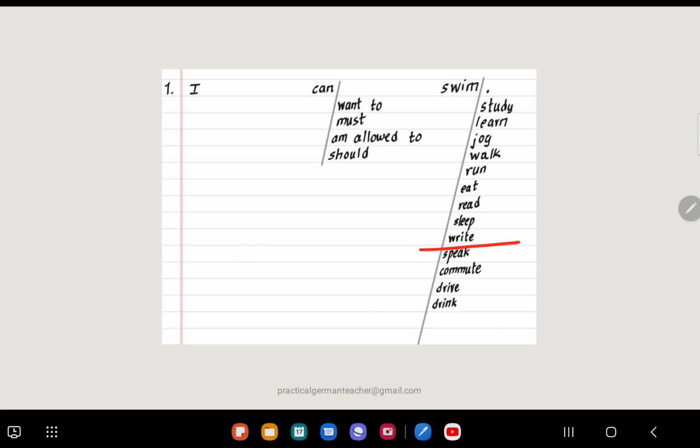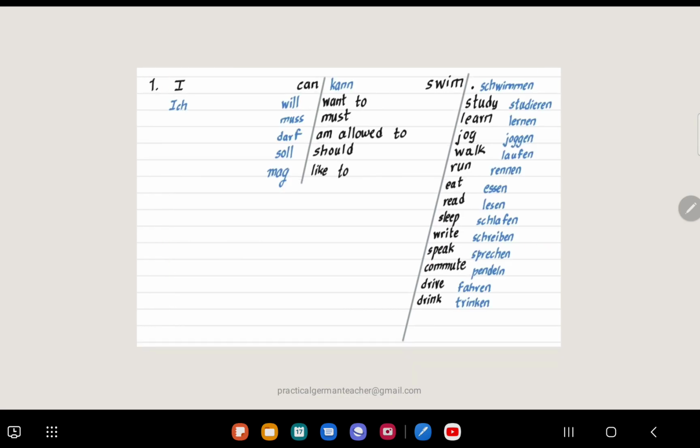Because I'm using a modal verb, we will only conjugate the modal verb. The other verb will be in its infinitive form, right? I'll just give the German words: studieren, lernen, joggen, laufen, rennen, essen, lesen, schlafen, schreiben, sprechen, pendeln, fahren, trinken. Kann, will, muss, darf, soll, mag. Okay, ich. This is how you can do your homework.